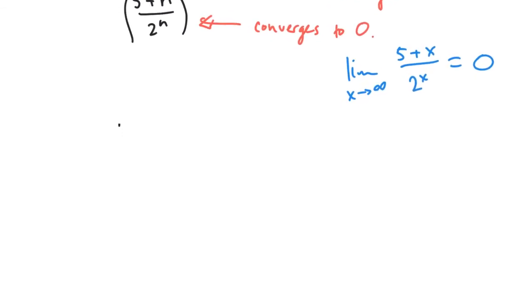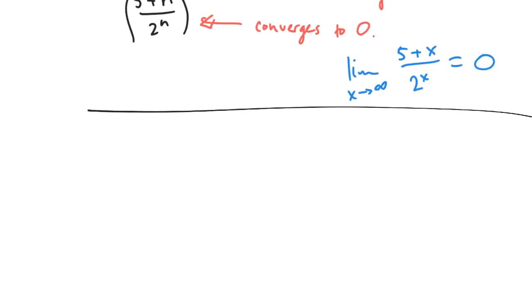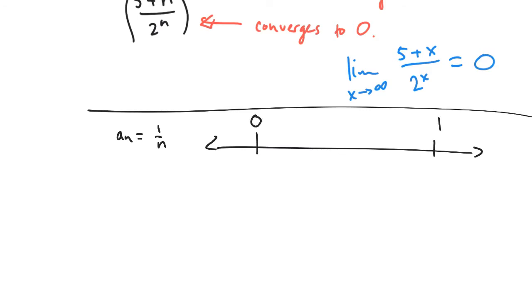When I say, for example, I think the clearest example of all of those is just this one, a_n equals 1 over n. If we were to indicate those on a number line, here's 0, here's 1. These numbers look like, here's 1 over 1, here's 1 over 2, here's 1 over 3, 1 over 4.